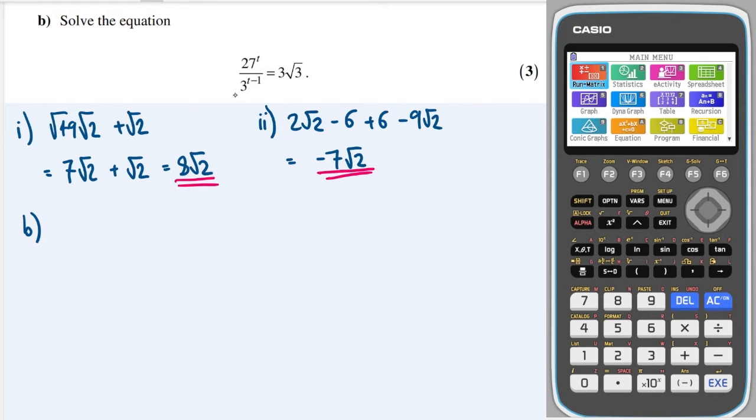Solve the equation. Well, I can see here that 3 is the base which we need to use. So 27 is the same as 3 to the 3. This bottom one is already in base 3. And we have here a 3 to the 1 multiplied by root 3, which is the same as 3 to the half.